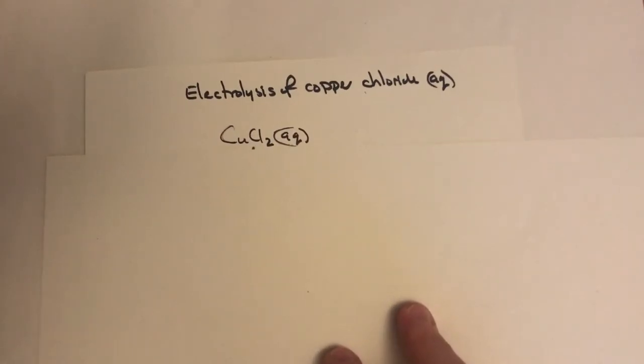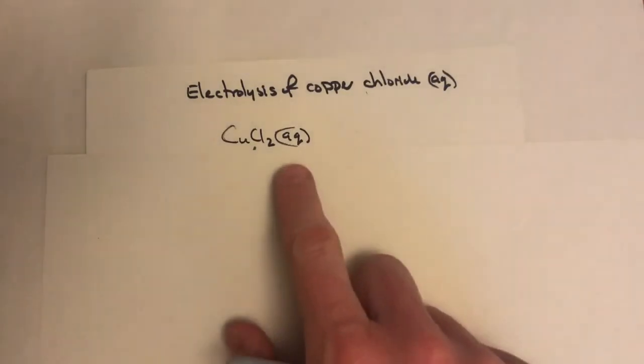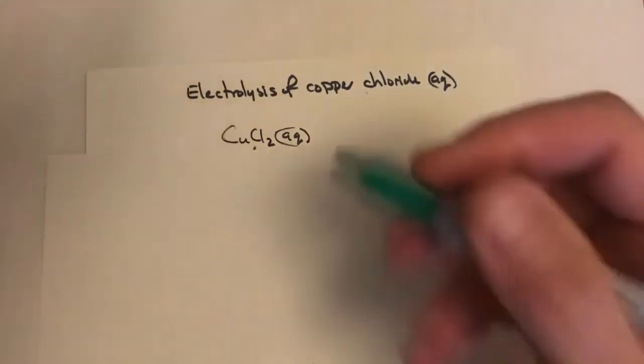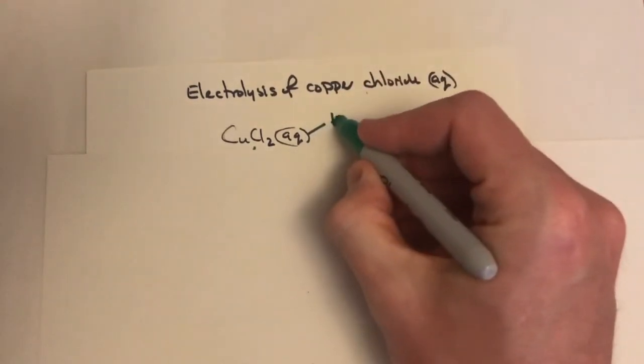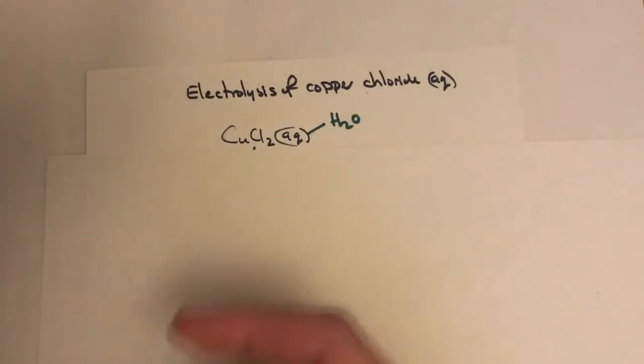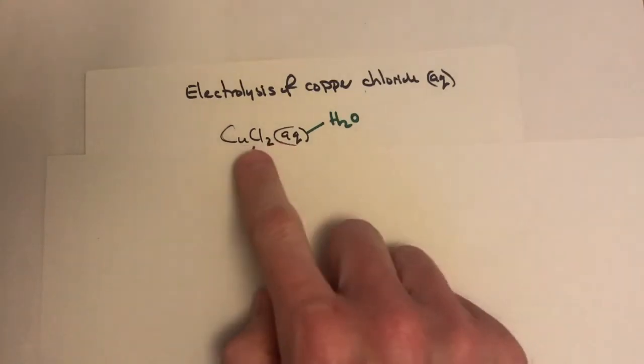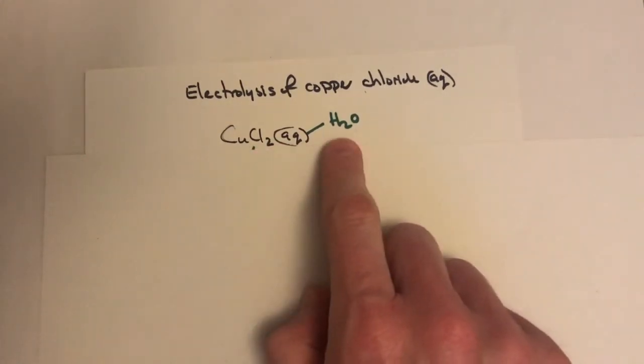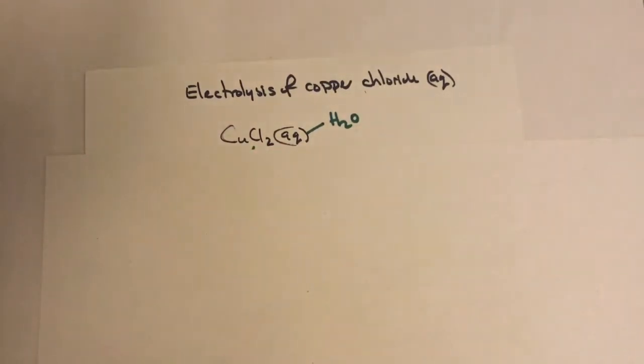Here's my ionic compound. So it's copper chloride, CuCl2, and the (aq), remember, this means dissolved in water. Water is H2O. And therefore, when I think about the ions involved, I've got to consider not just the ionic compound, but also the H2O and its formation of ions.